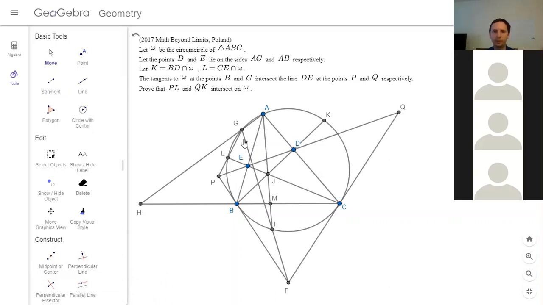Maybe I could define G to be FI intersect the circle. Then we'd have D, E, P, and H collinear.